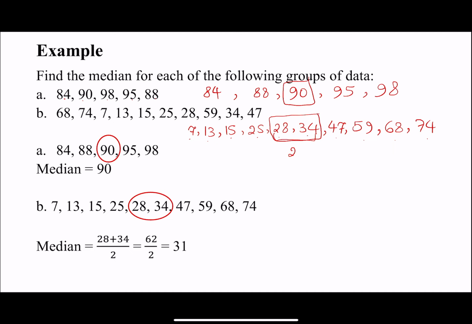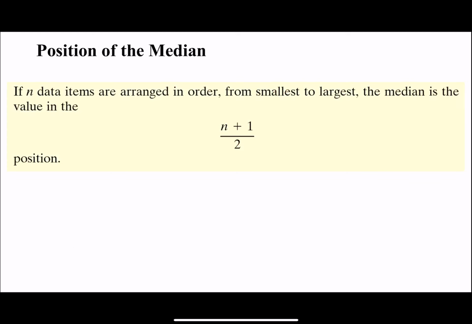Okay, so mean is 28 plus 34 divided by 2. So use your calculator. 28 plus 34 is 62. Divided by 2 is 31. So in this case, the median is 31. Here is your median. Okay, so that's about the median.